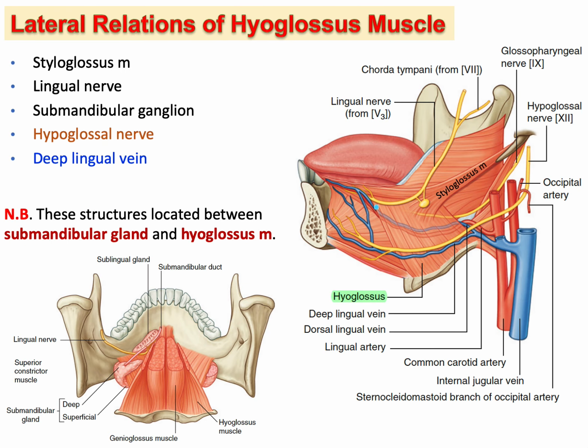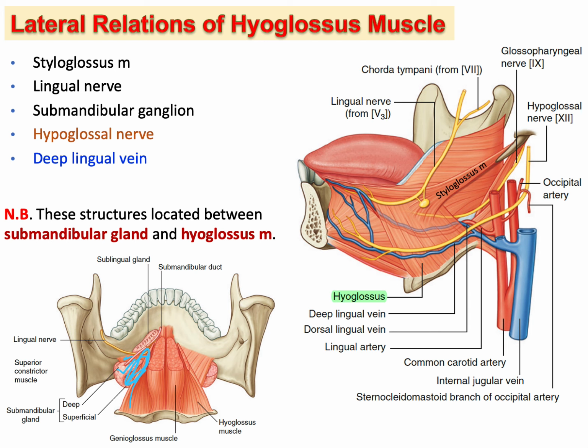Okay, so let us again, this is the mylohyoid muscle, and this is the hyoglossus. There are a couple of structures between the submandibular gland and the hyoglossus muscle. Structures here, guys. Let us study those structures.